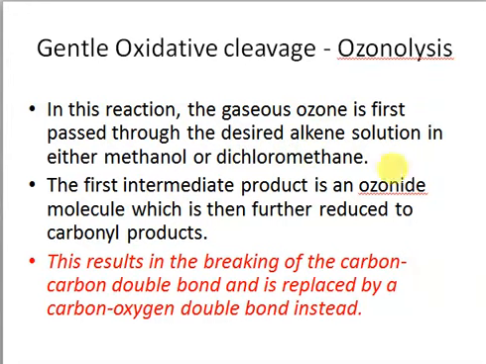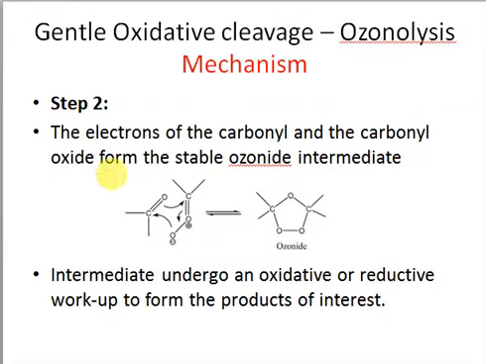First, the ozone adds to the alkene molecule and an intermediate called ozonide is formed. This ozonide is an unstable molecule, and it rearranges itself, which is further reduced to carbonyl compounds. The breakage of the carbon-carbon bond and formation of carbon-oxygen double bonds take place in this step. So let's see.